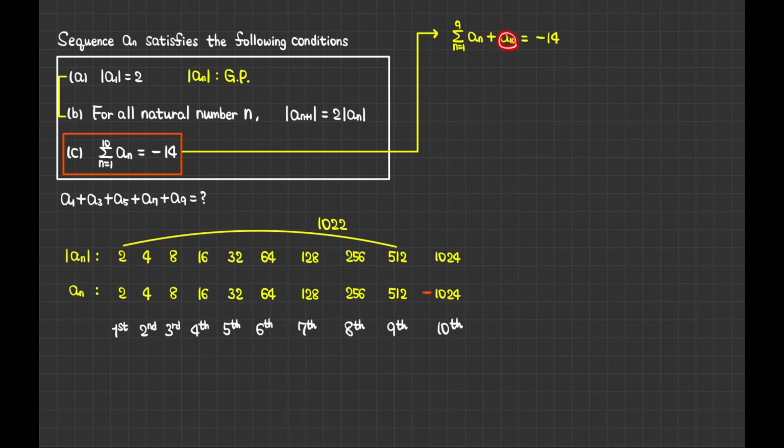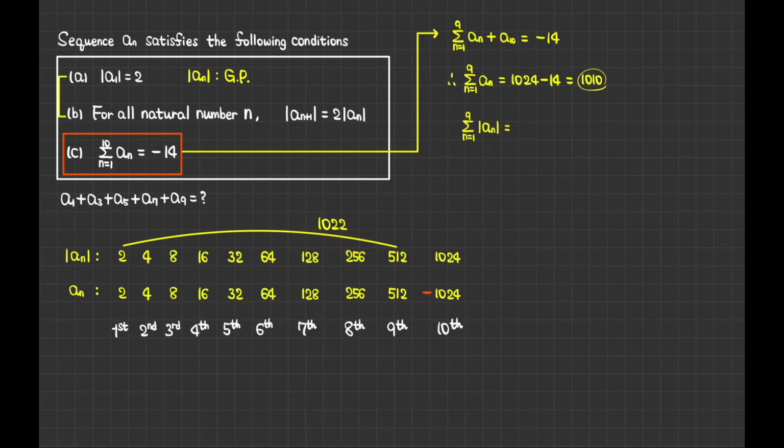But we know this is negative 1024, so I'm going to put it onto the right-hand side, which means the sum for n is 1 to 9 of a_n becomes plus 1024 minus 14, right? So summing up a_n from the 1st to 9th term is 1010. But summing up n is 1 to 9 of the absolute value of a_n, we actually know what it is.